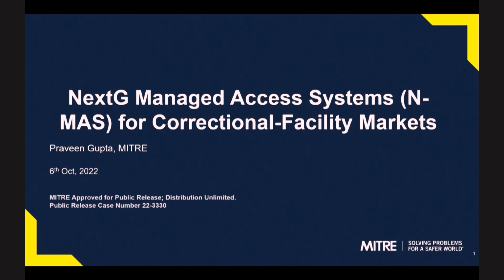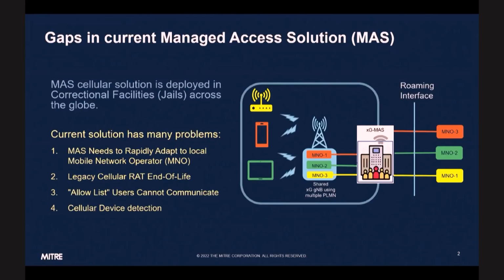And so MAS, for those who don't know about MAS, has gone through two iterations of development. The first iteration was 2G based, and that iteration was basically around using a BTS in the middle.